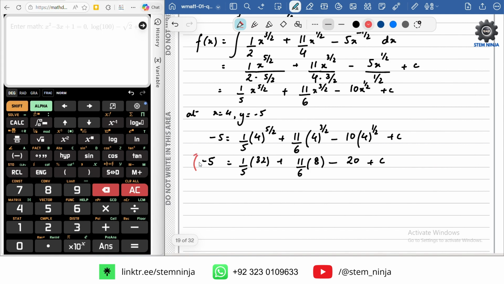So we just take everything on one side. So c is going to be minus 5 minus 32 over 5 minus 88 over 6. This can be rewritten as 2 times 3, 4 times 8. So 44 over 3 plus 20. Okay.